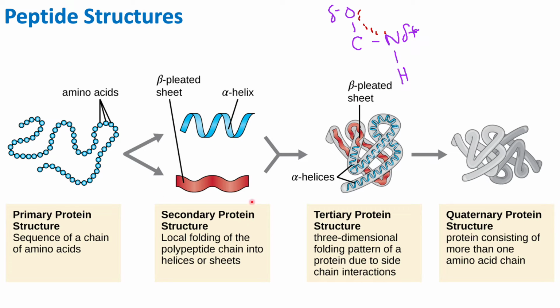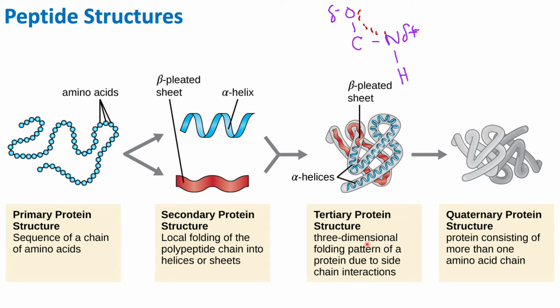Now it's important to note that in secondary structures, the R groups do not interact. That is not one of the driving forces to get these two structures. So these two structures can obviously be disrupted by having too many bulky groups, electrostatic repulsion, and things like that will disrupt the structure.